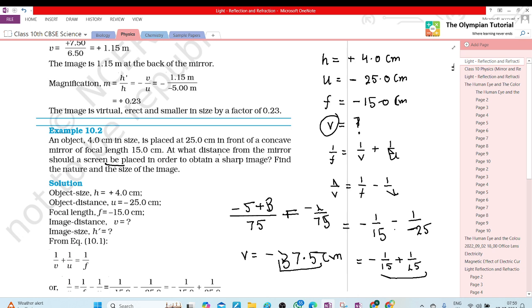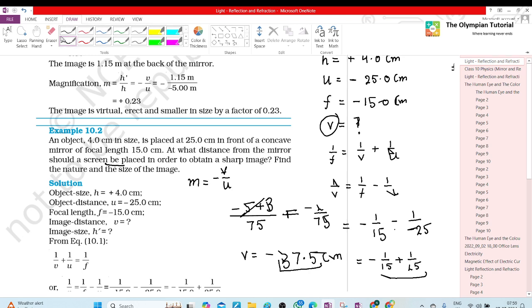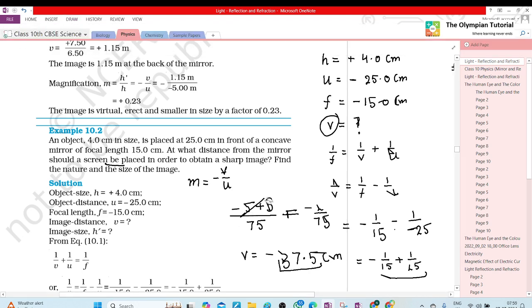Now magnification. Firstly we will calculate the magnification. Magnification is minus v by u. What is the value of v? It is minus 37.5. But since it's minus v by u, minus minus will make it plus.